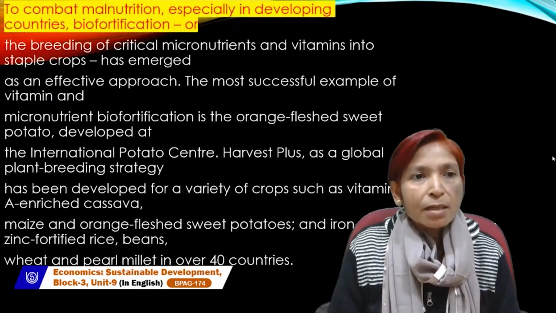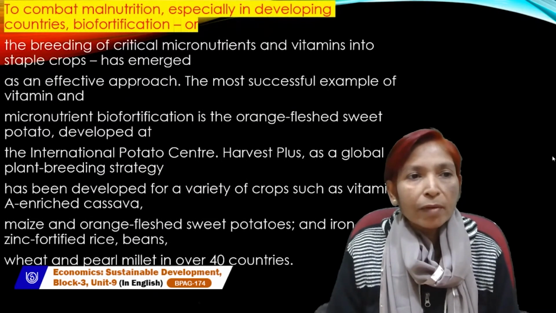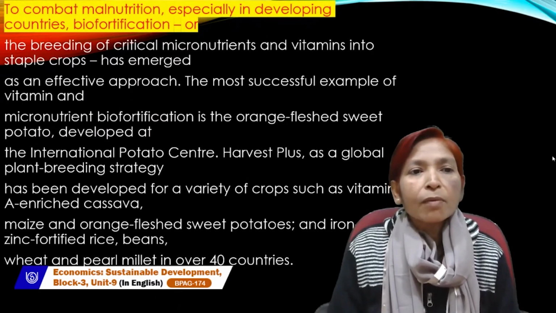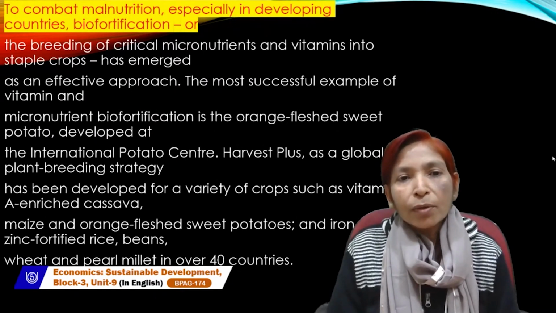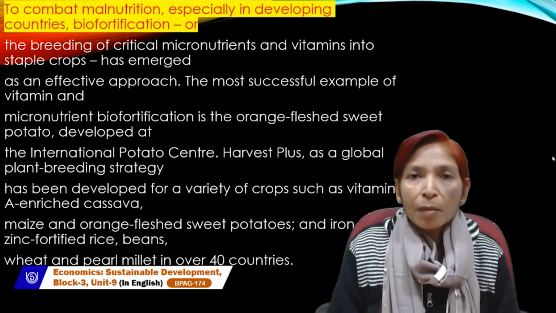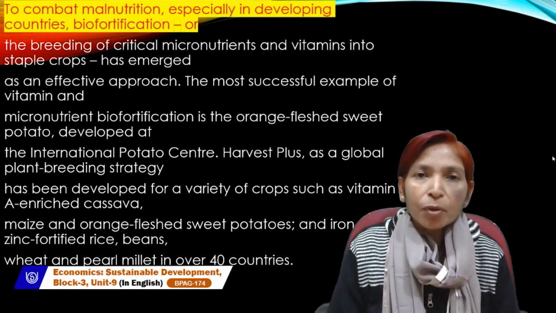Next, to combat malnutrition, especially in developing countries, biofortification, or the breeding of critical micronutrients and vitamins into staple crops, has emerged as an effective approach.